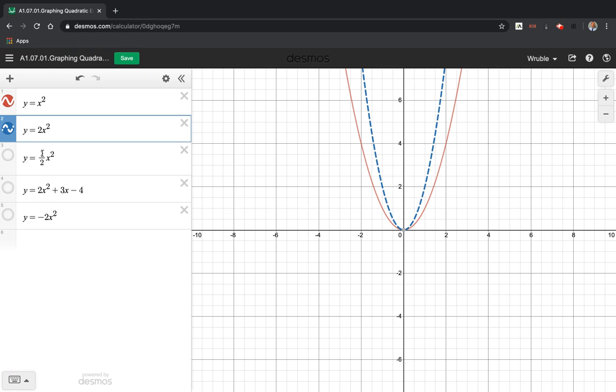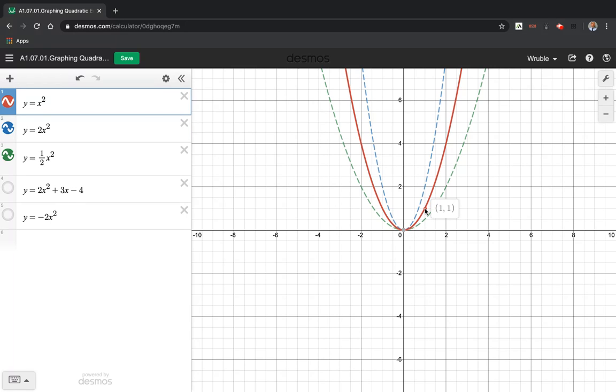Now let's take a look at what happens if it becomes 1/2. 2 made it narrower, so it's getting very tall very fast, and a little bit closer to the y-axis. With 1/2 for the a value, we can see that the graph got a little bit wider, a little bit further away from the y-axis. If we go over 1, up 1, that's the original function. Now we're multiplying by 1/2.